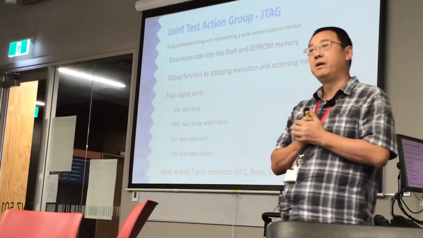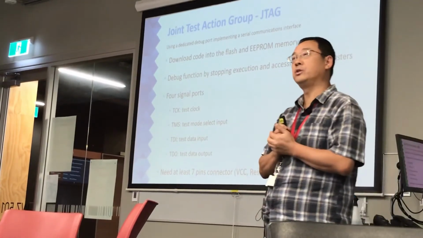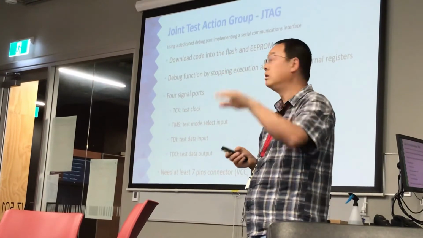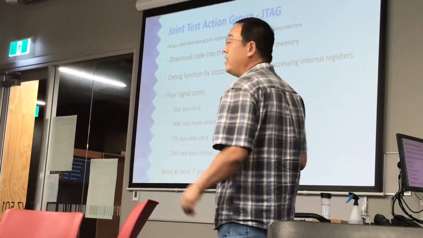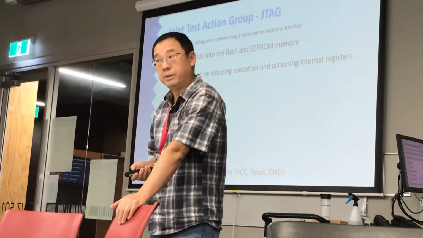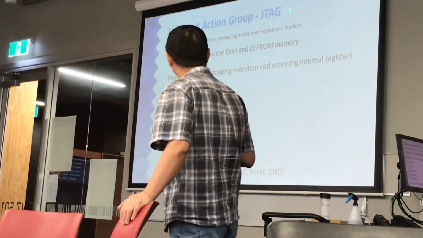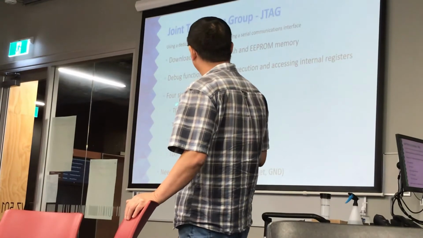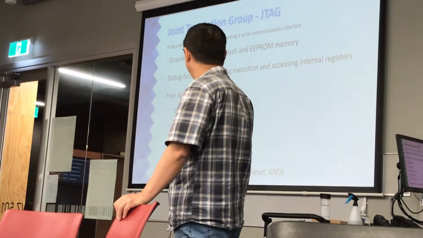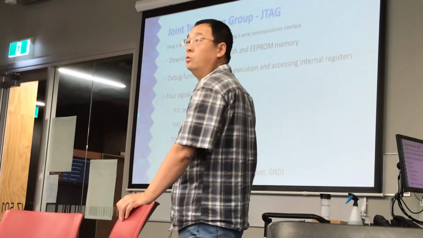Next one, JTAG. JTAG is designed for the middle range of microcontrollers. The function is similar to ISP, but with one difference: using JTAG, you can do debugging on the software. JTAG has four signal pins: TCK, TMS, TDI, TDO.